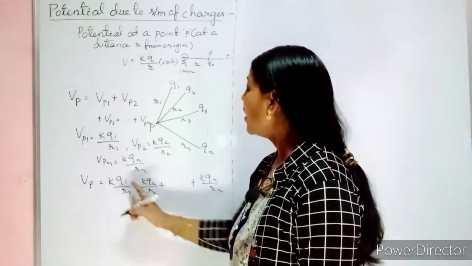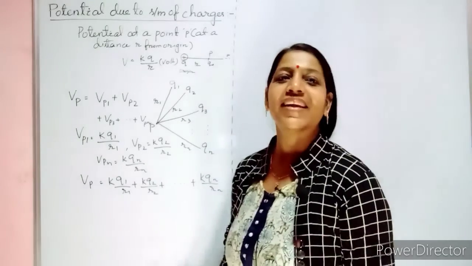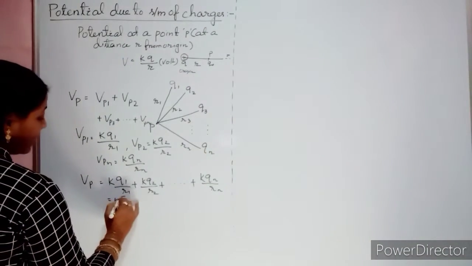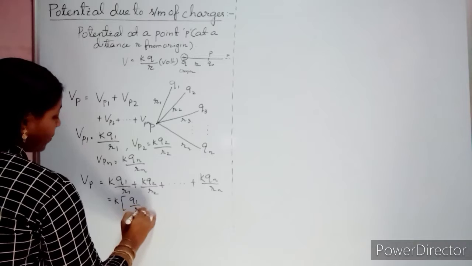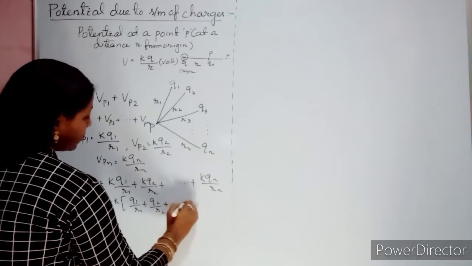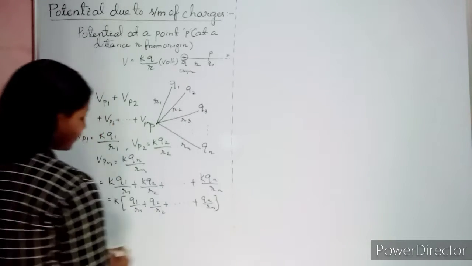So it is K times Q1 by R1 plus Q2 by R2 plus up to Qn by Rn.